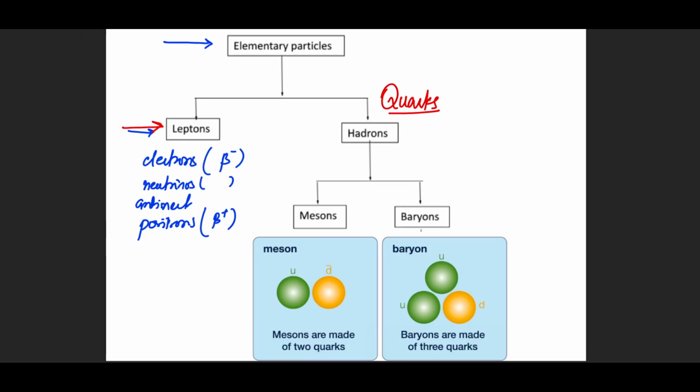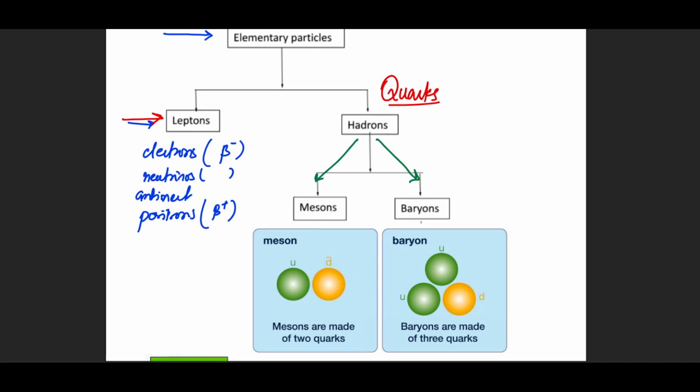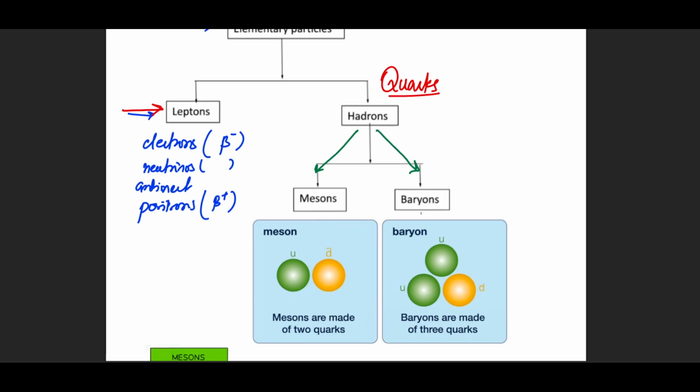So what is special about hadrons? Hadrons are divided into two subfamilies. The first family is mesons. The second one is baryons. What we need to remember about mesons is that they consist of 2 quarks, and baryons consist of 3 quarks. They could be in any flavor, in any format.